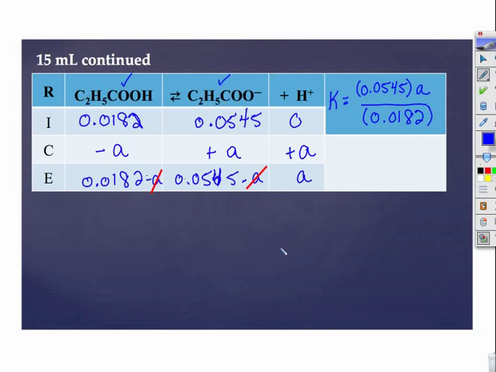0.0182. And if we plugged in the information that we know for K, what we're going to find is that A is equal to 4.34 times 10 to the minus 6. So our pH, right, A represents our H+. So I like to use A for acid. Our pH is 5.36.